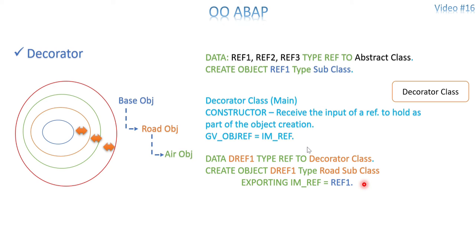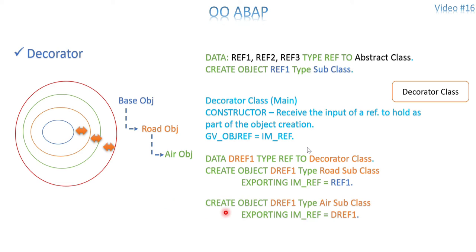Suppose if it is an air object, this is a dependent one and this is the base class for air object, because the communication is not happening from air object to a base object. No, it's not possible. So as per my design, air object is my actual class and road object is my base class for this scenario. So how would the code be?